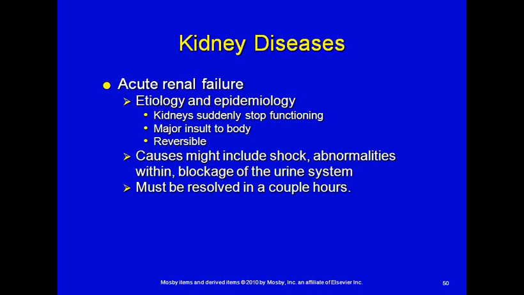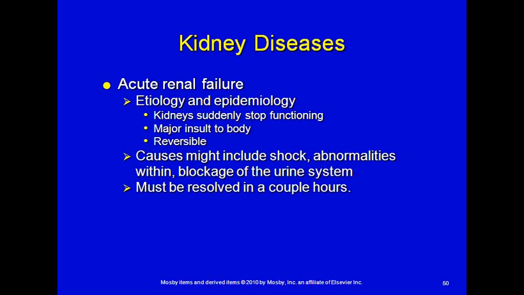We'll look at first probably the most severe one, which is acute renal failure. This is when the kidneys just suddenly stop working. It may be the result of a major insult to the body, like a major trauma, where there's significant blood loss or shock. If in shock long enough, we know that during shock your blood vessels constrict to pump blood to all your vital organs.